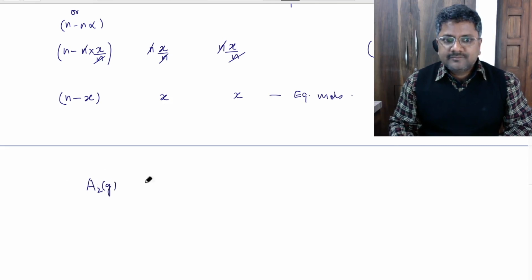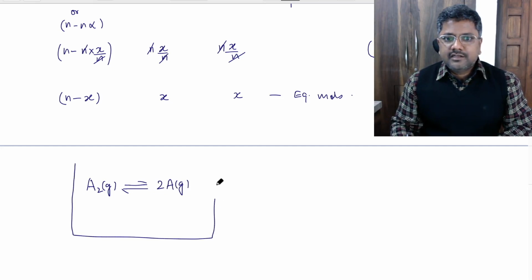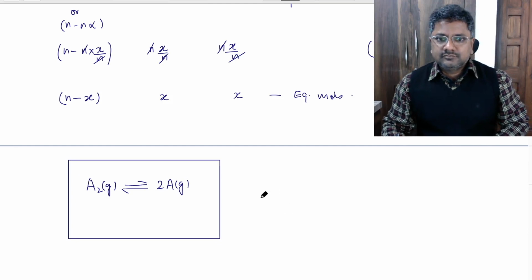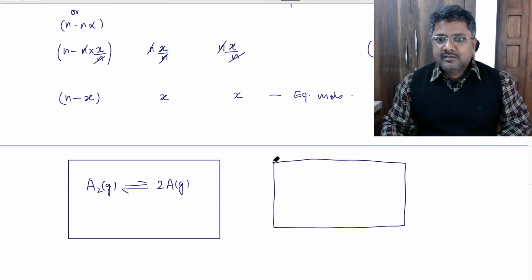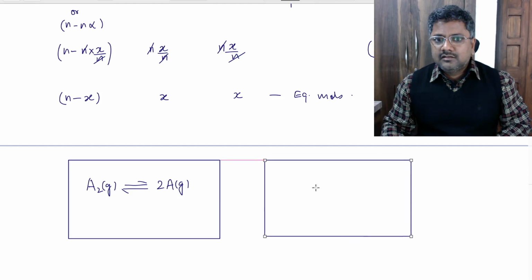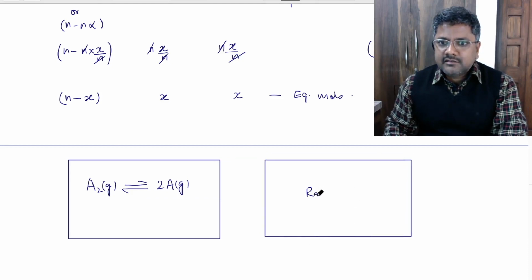Now see, suppose that we have a gaseous reaction, A2 gas gives 2A gas, and it is taken in a container. And a container of the same size, another container, is taken. And here some reference gas, suppose argon, we have taken.